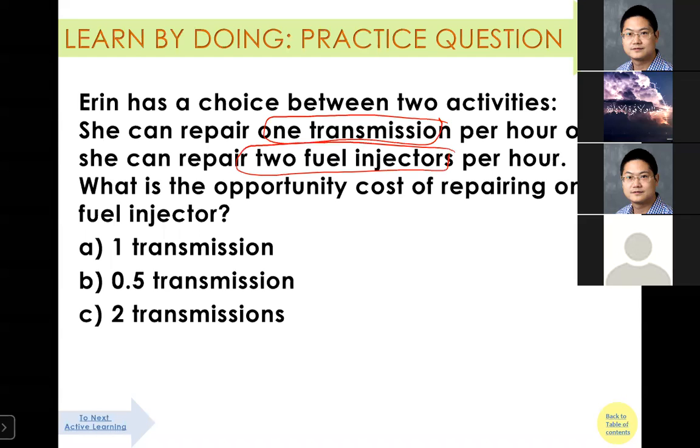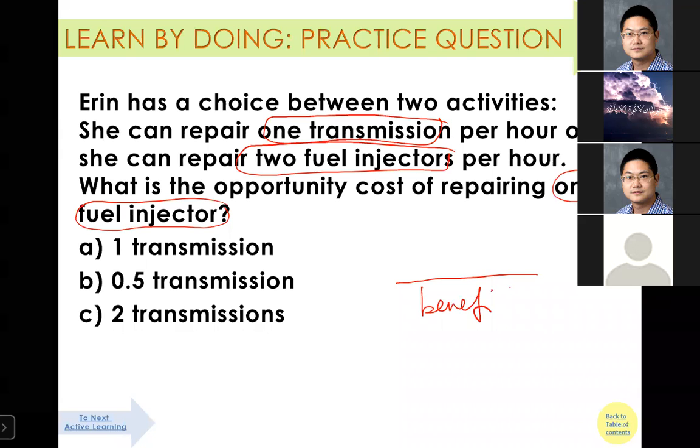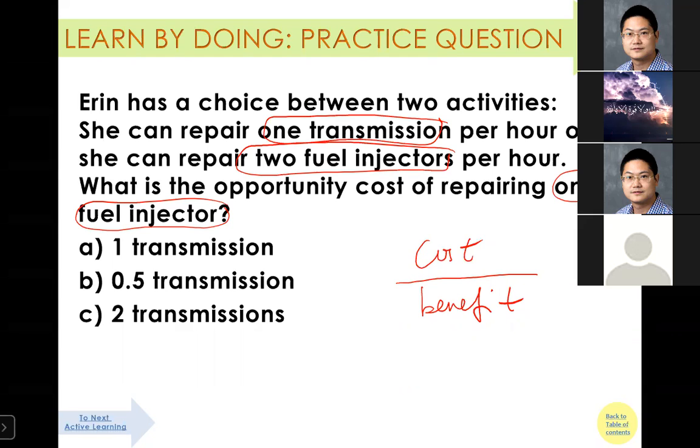What is the opportunity cost of repairing 1 fuel injector? Just to remind you, the way we calculate opportunity cost is with this formula: the denominator is the benefit, and the numerator is the cost. So it's just the cost per each thing you gain.